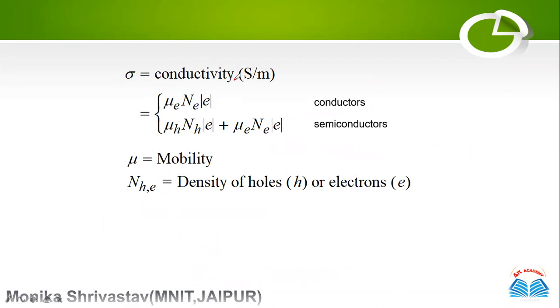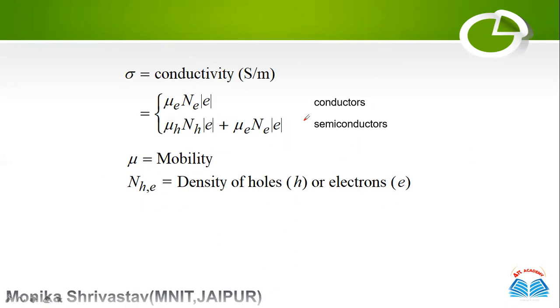Sigma is basically conductivity, and for conductors, sigma equals mu e n e e, where e is the charge, n e is the number of charges, basically the density, and mu I will define later. Here mu e is for the electrons.